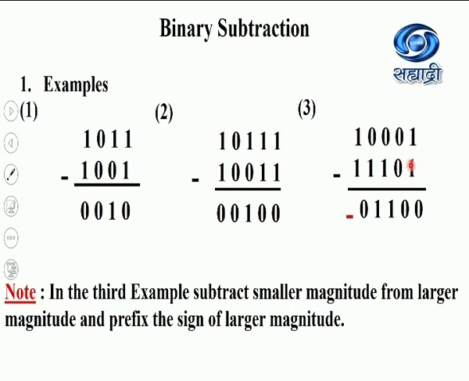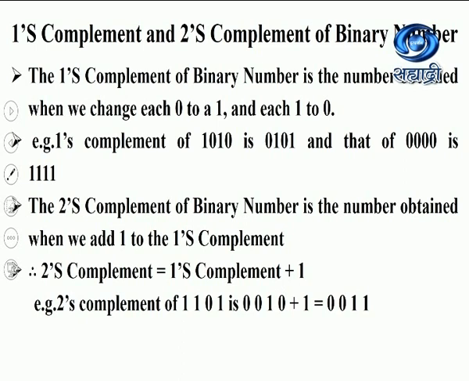So by subtracting the second number from the first number, and then giving the sign of the larger one, we get the answer here as minus 0 1 1 0 0. Actually we are going to subtract the smaller number from the larger number and give the sign of the larger number's magnitude.